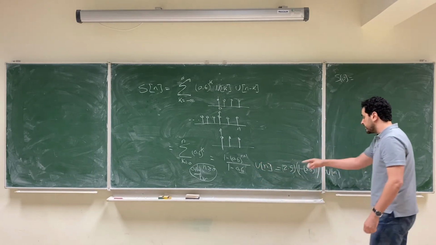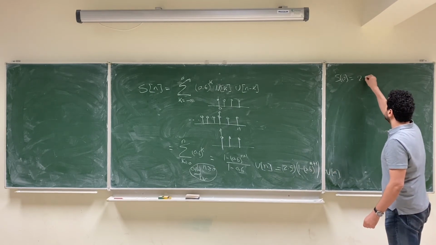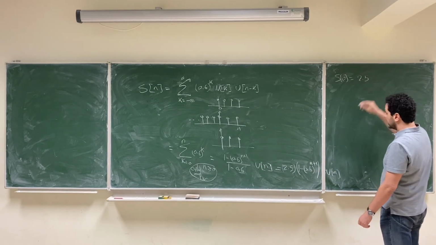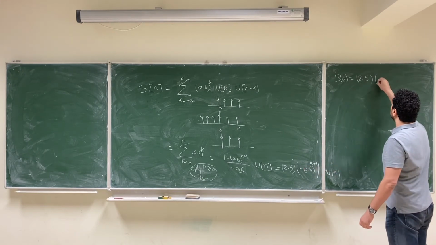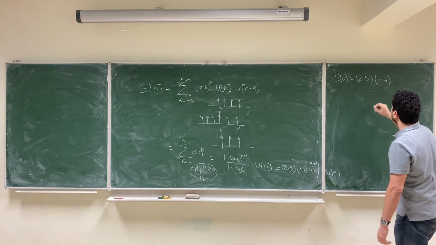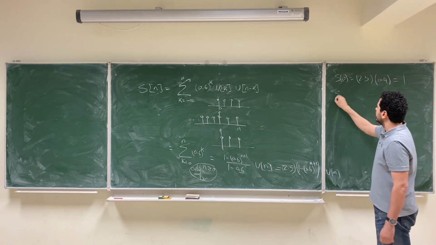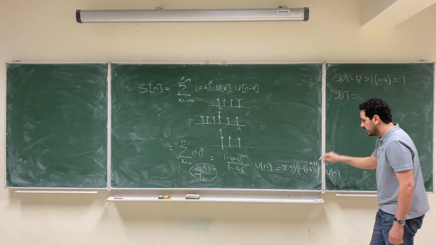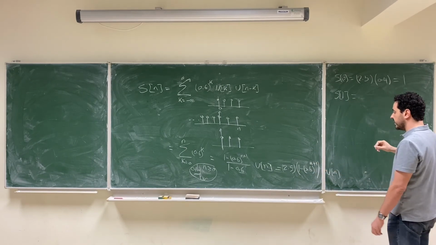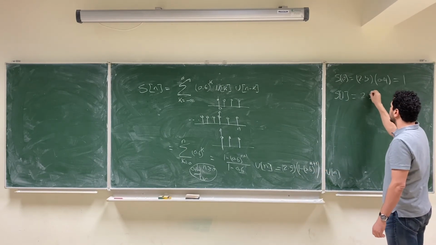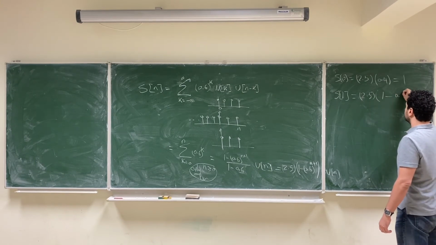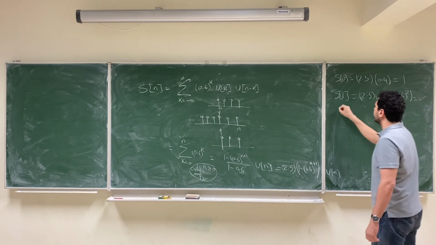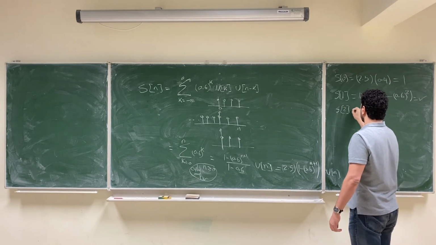So we can calculate S0: it will be 2.5 multiplied by, if you substitute 0 here, 1 minus 0.6, so it will be 0.4, which will give you 1. Then you can calculate S1 by substituting n equals 1, it will be 2.5 multiplied by 1 minus 0.6 squared. And you get the value, and you can calculate S2 and so on.